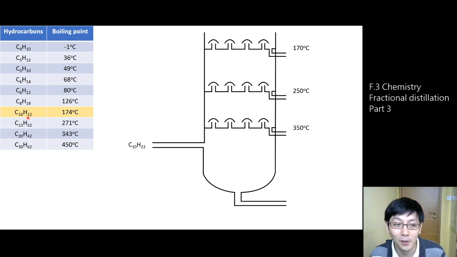C10H22. Well, this one, when it goes up, it can pass through the first layer. 點樣穿得過啊？The boiling point is 174 degrees Celsius. Still lower than 350. 呢度唔可以凍到去 condense，唔可以截住佢。How about the next layer?